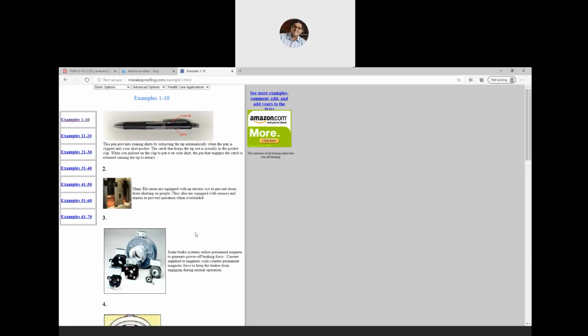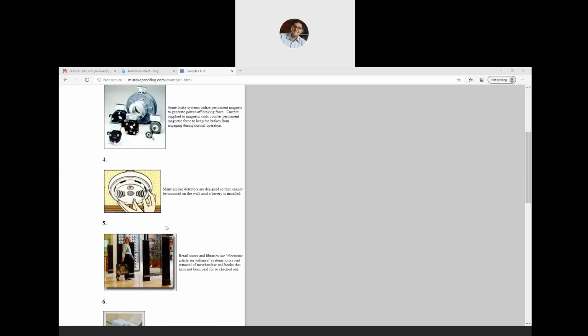In many of the elevators which you see, they are equipped with an electric eye to prevent the door from closing whenever you're trying to enter. There is a way in which it checks whether a person is crossing the elevator.